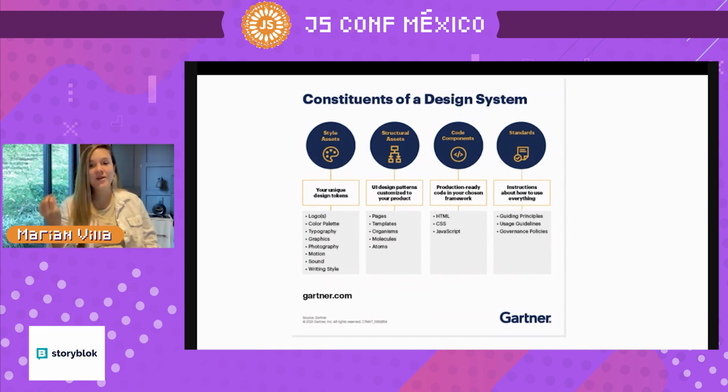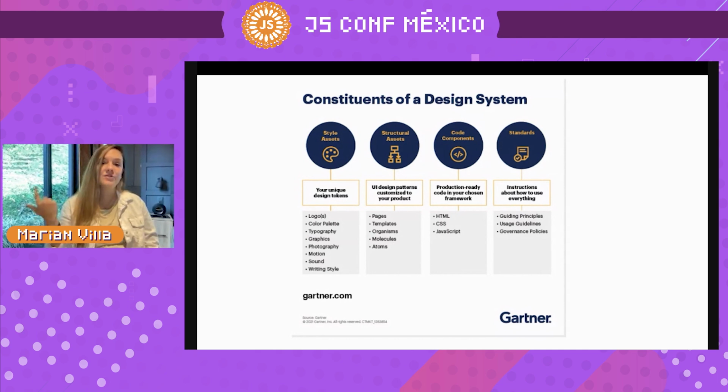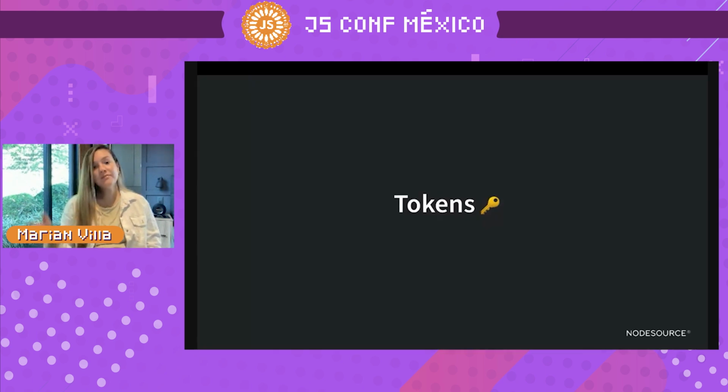And I would like to share this Gartner slide where we can see the tokens, or the four constituents of a design system: assets and the pages, and we also have all the code components, and we need to translate them to another language that all the tech team can handle, or HTML, or some standards or guidelines, or that documentation area that is very needed.